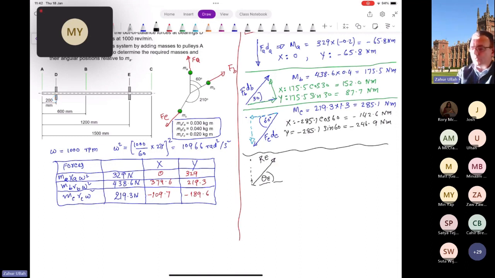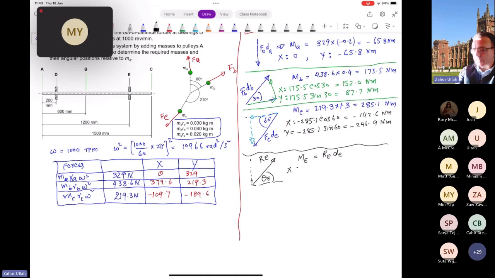Okay, so now if we calculate this moment of, you can say, ME, so this will be RE, and then the distance here is DE, which is obviously 1.